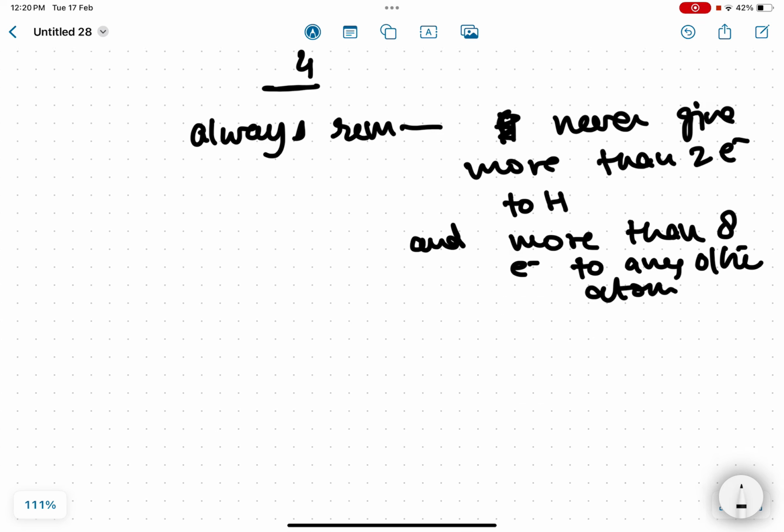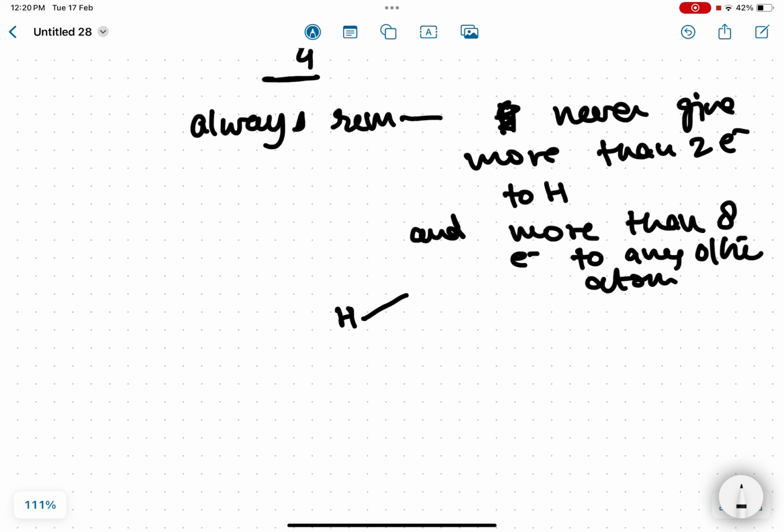So if we see in the structure, hydrogen is already having 2 electrons. These 2 electrons are shared, so hydrogen makes its duplet. So it's already complete. So we will place the remaining 4 electrons as lone pairs on oxygen.